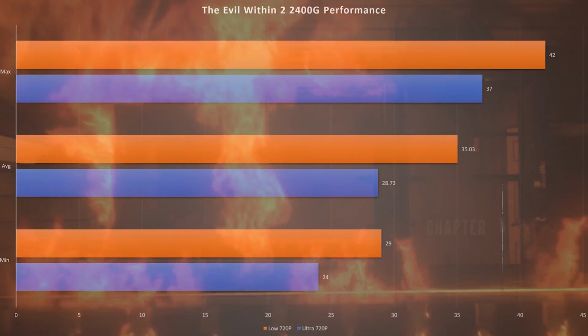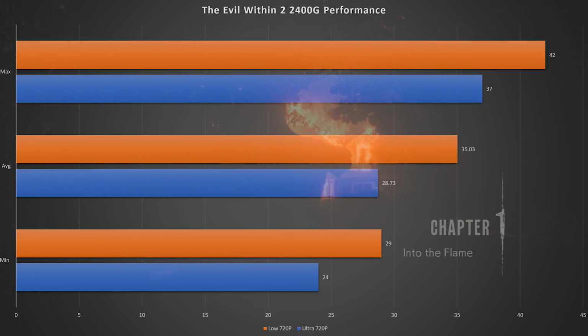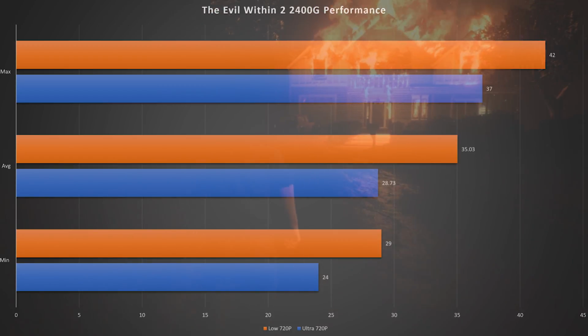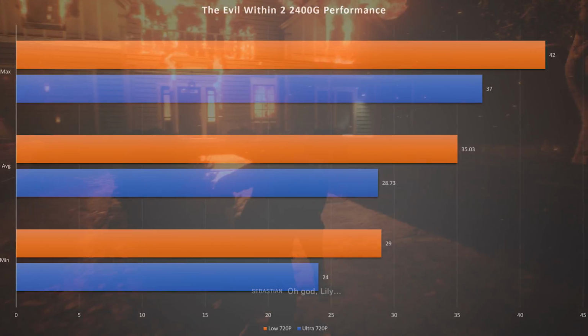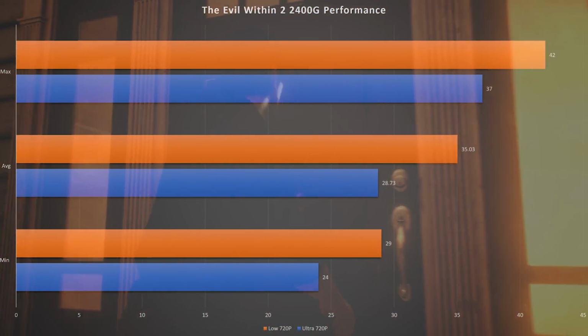However, once we were at 720p, we went ahead and took a look at the performance at 720p Ultra and 720p Low. As you guys can see here, we'll be throwing a chart up. The max FPS with low preset was 42 FPS, while on Ultra was 37 FPS. However, if we move on to the average, which is really what we want to be looking at here, the average FPS at Ultra falls below that nice 30 FPS, which is what I would consider playable, at 28.73, while on Low, we had a frame rate of 35 FPS.